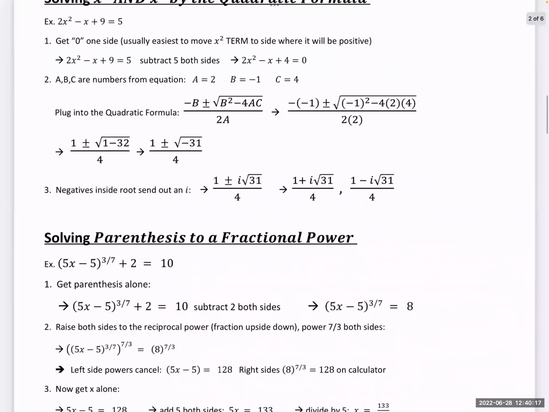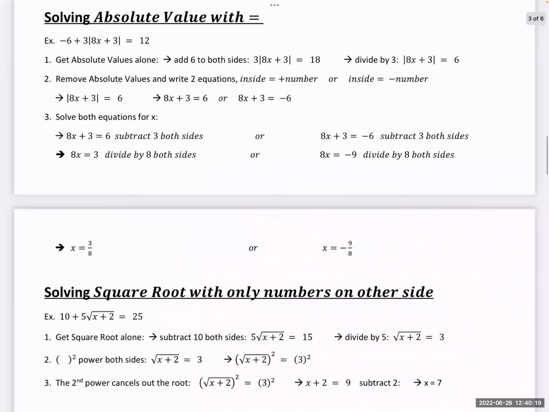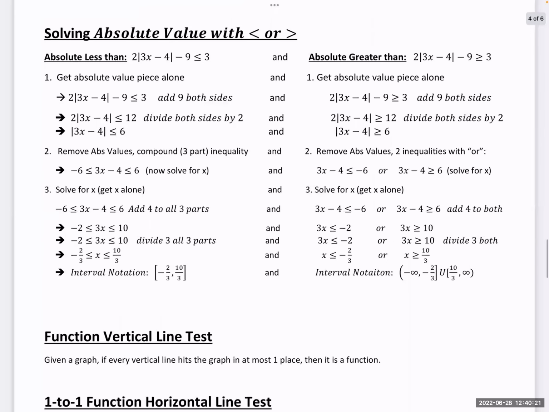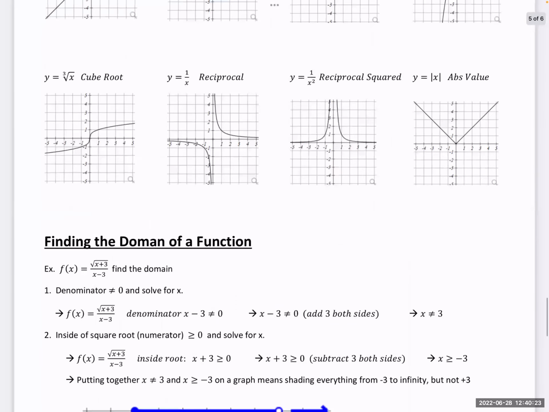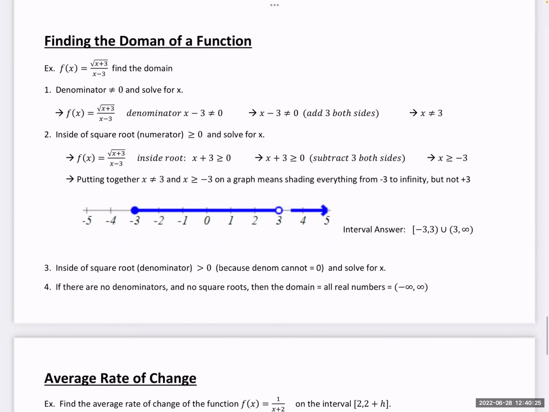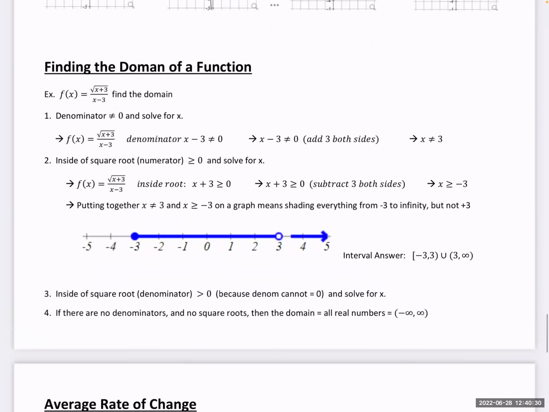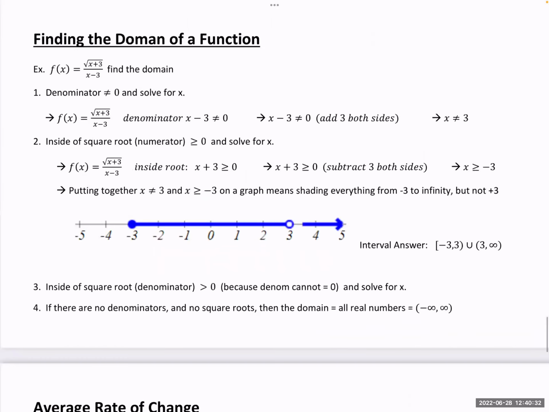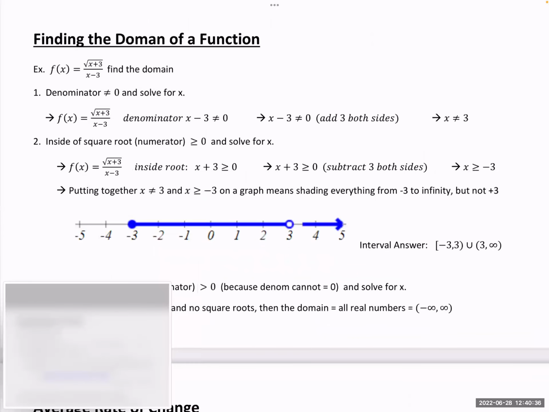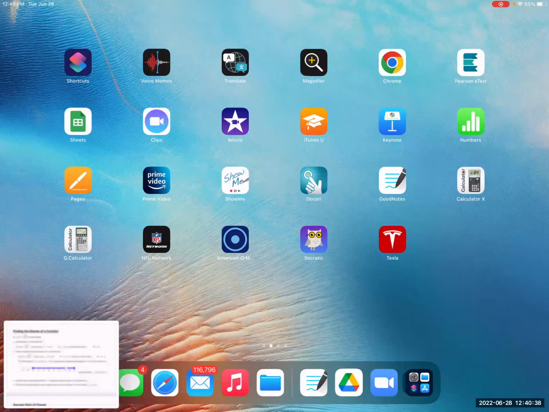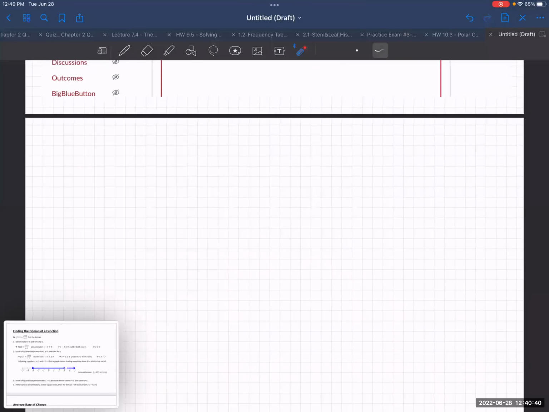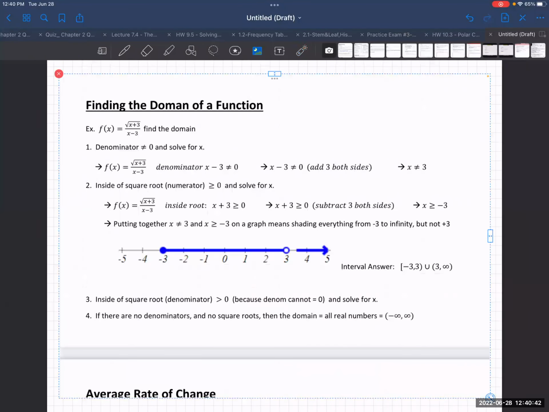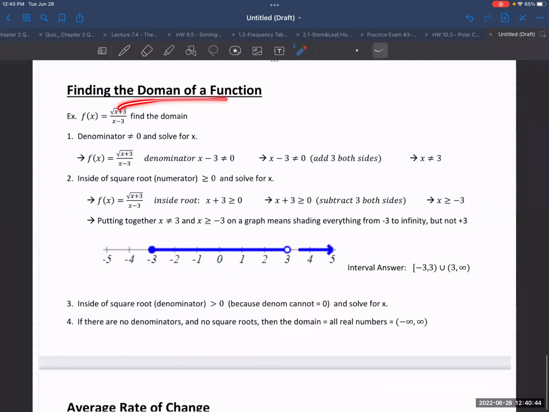So domain, solving, one-to-one, domain, there we go. So this is from the notes, and I'll bring it over and show it to you. There it is. Okay, so finding the domain, how do you do it?